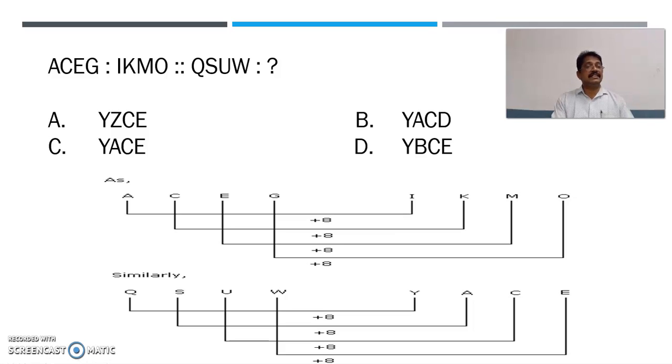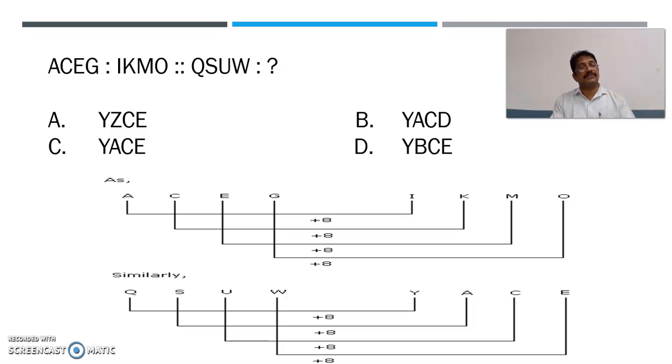A, C, E, G, I, K, M, O, Q, S, U, W. What's the answer here? So A to I: A, B, C, D, E, F, G, H, I. Between A and I you have 8, means 8 steps forward. Even C to K is 8 steps forward. E to M, 8 steps forward.